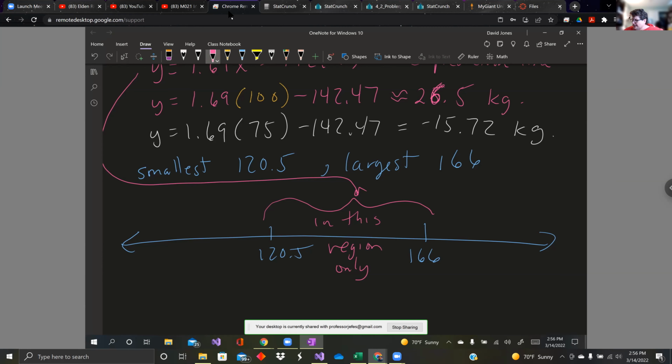Now, you might be able to extend it a little bit in either direction, but we saw that going over to 75 was bad. 100 might be bad. So you don't want to use it to predict values that are outside the range too much.